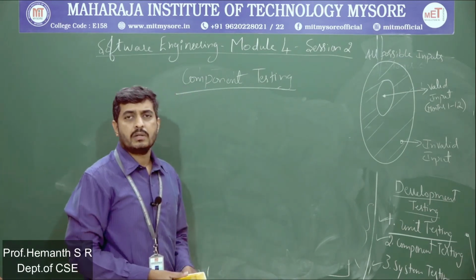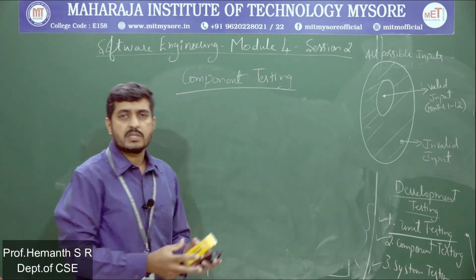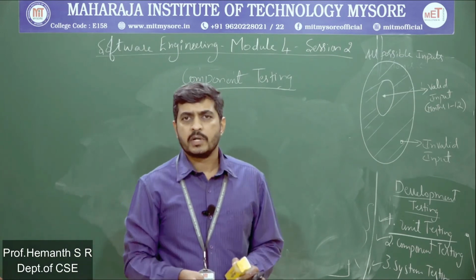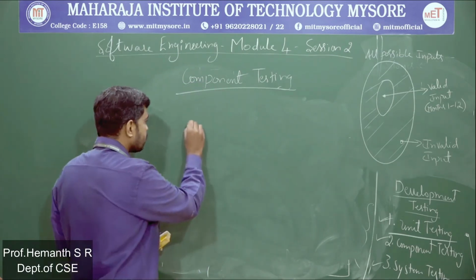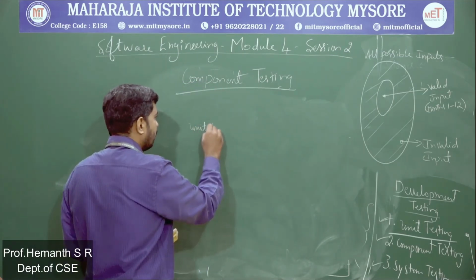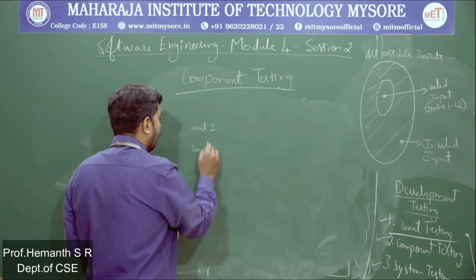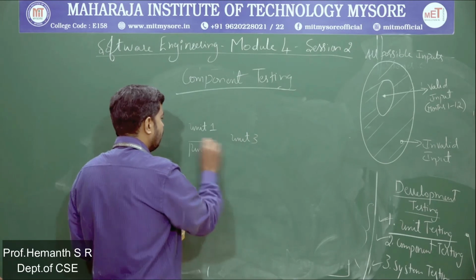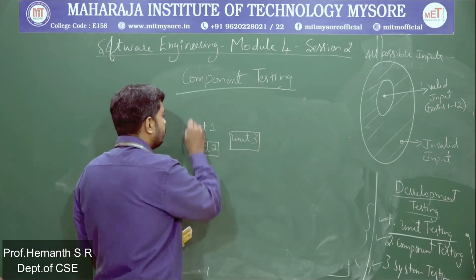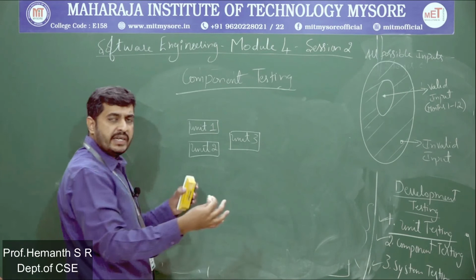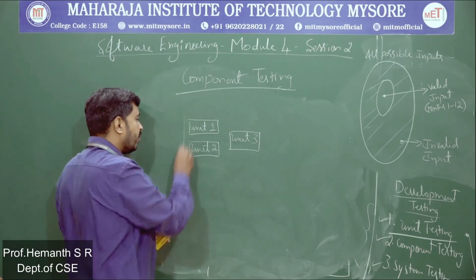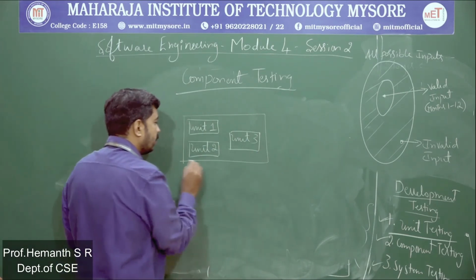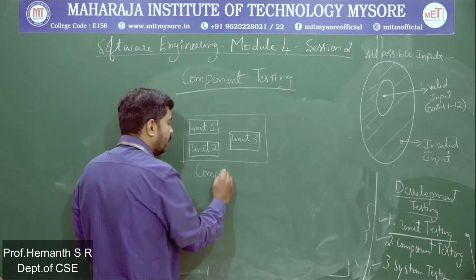Maybe small units integrated together may become a component. For example, I have some small units, unit 1, unit 2, unit 3. Three units integrated together may become one component. I'll call it component 1.